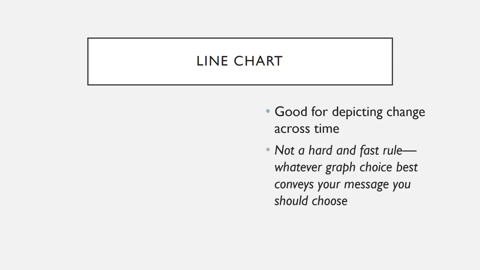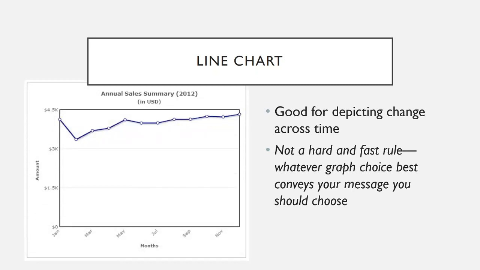Again, this is not a hard and fast rule. You can at a certain point choose whichever graphic you think looks the best while still accurately depicting your data. But in general, if you do have change across time based data, typically we would think a line chart is a good idea for that visualization.